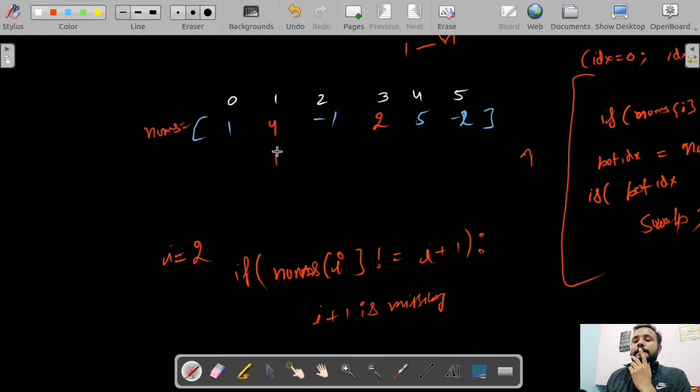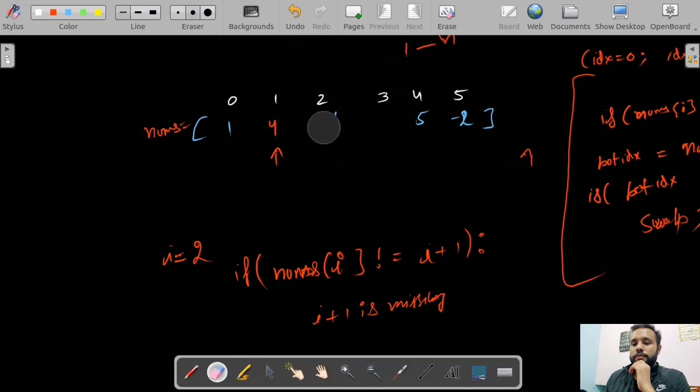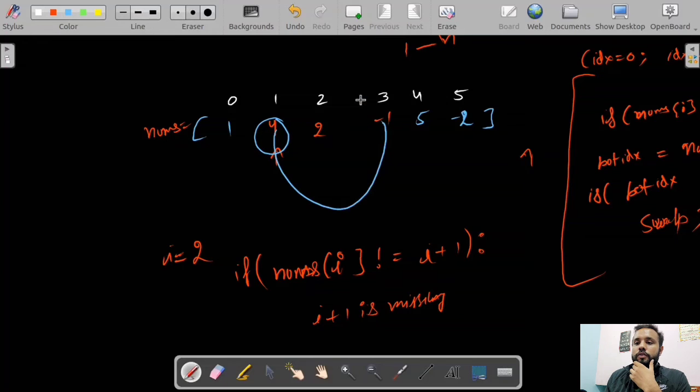Oh, just a minute. Let's say this is our array, 4, 2 and minus 1. Now this 4 belongs to index 3.